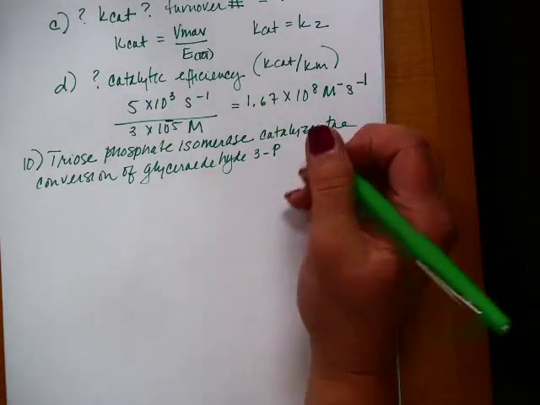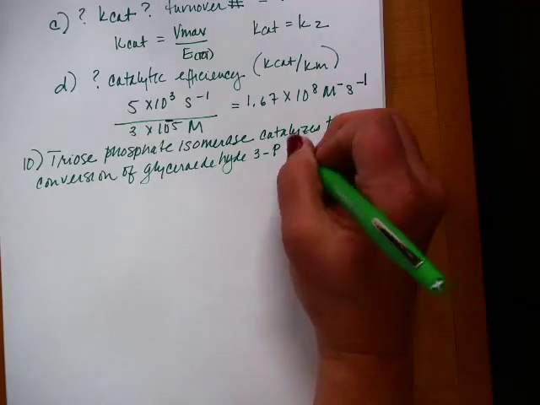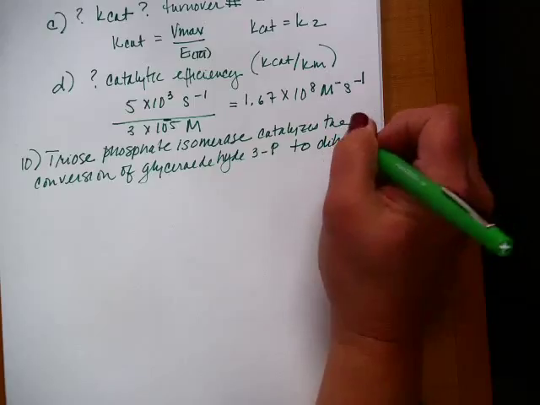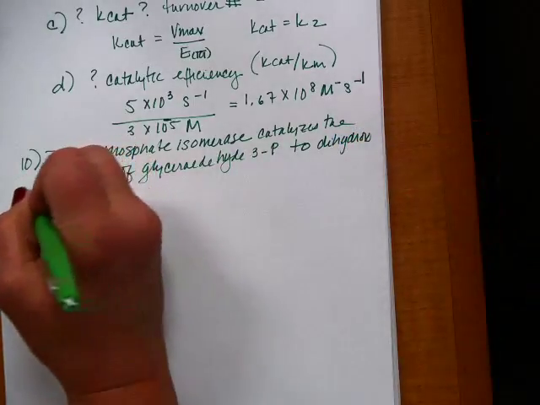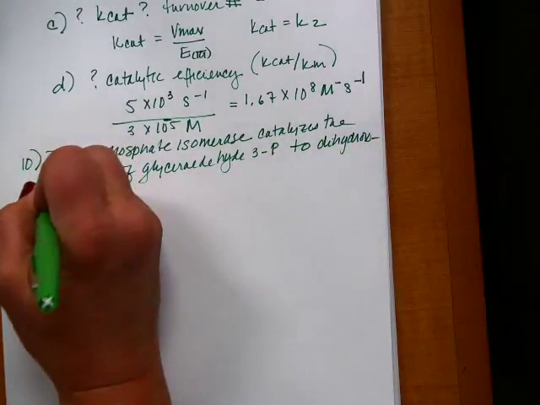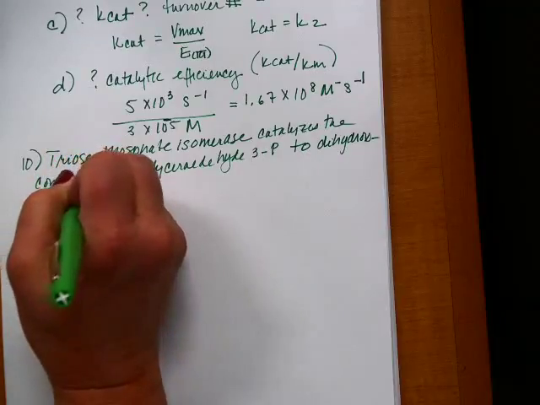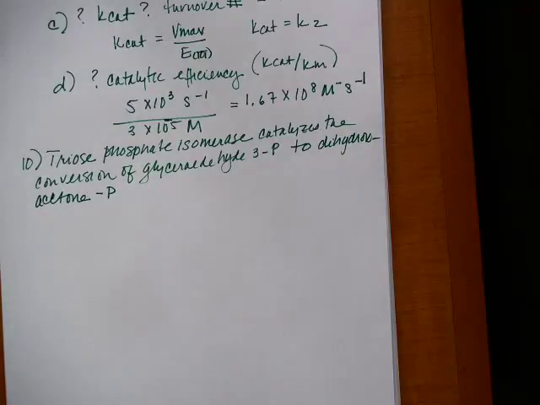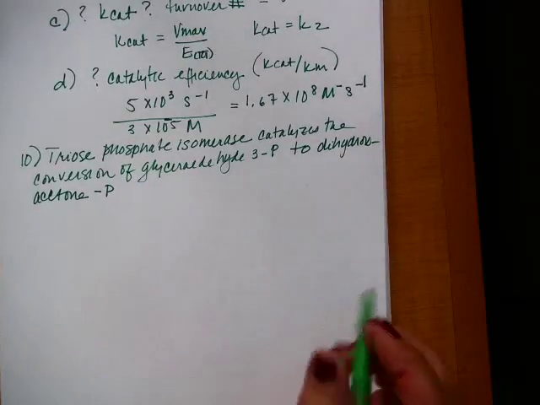We'll use some notation when we go through that pathway. To dihydroxyacetone phosphate. And this is a reversible reaction.